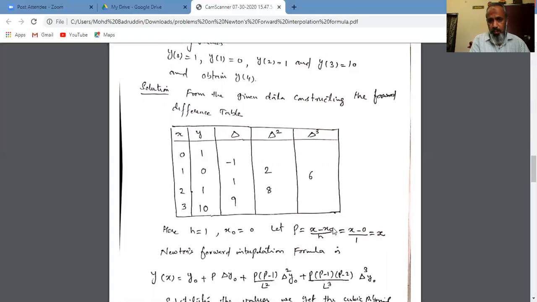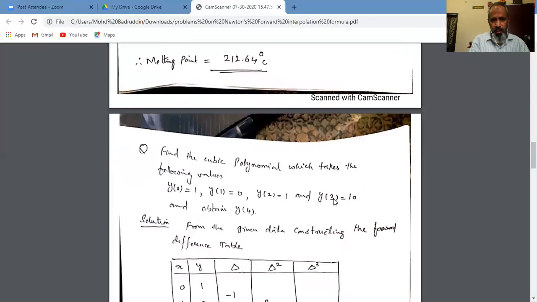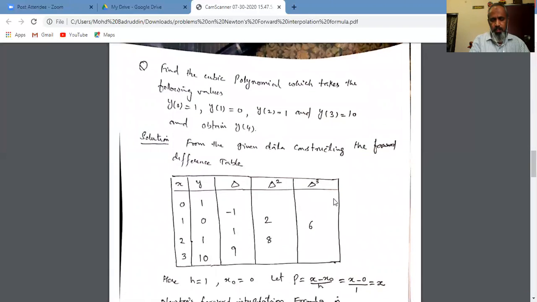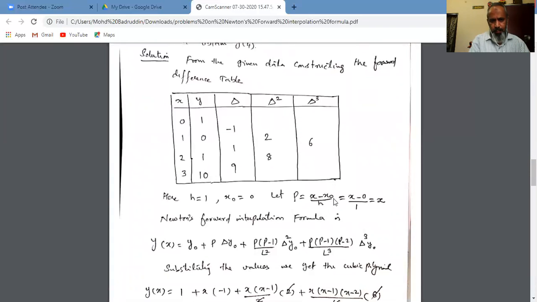So now we are going to determine the polynomial, cubic polynomial. In place of p, we have to write x. So in the same process, what we have done in the previous problem, the same analogy we are using here.